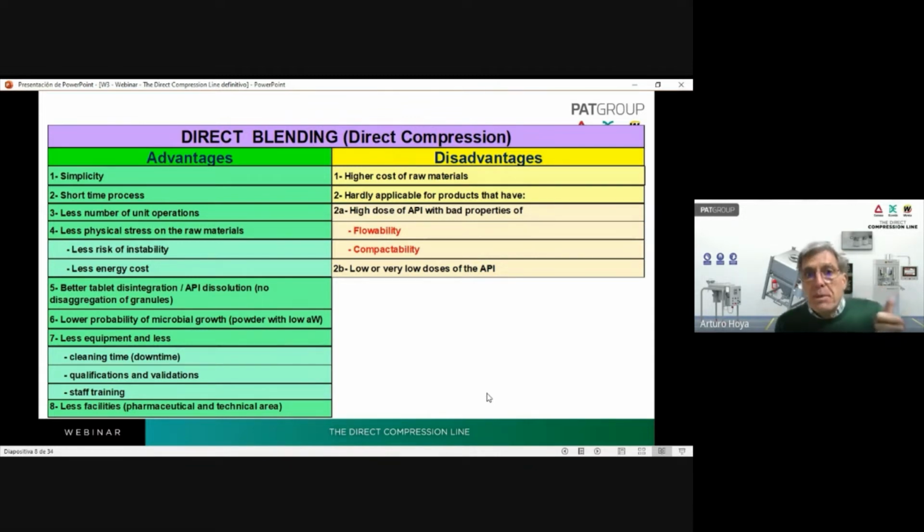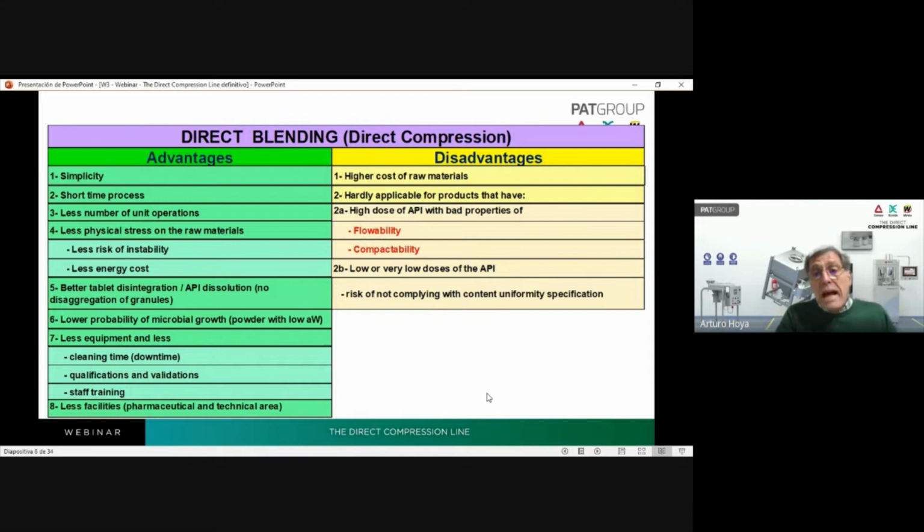Let's suppose you obtain a good uniformity in the blend, but then it's possible that the API segregates from the rest of the components to a certain measure, and you have another problem, the segregation. So these are disadvantages that direct blending has.